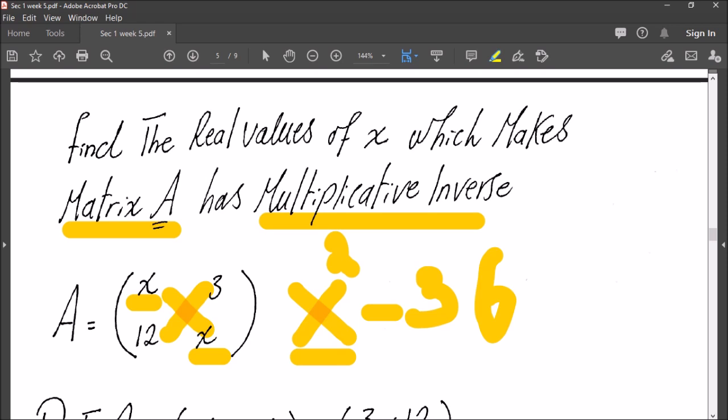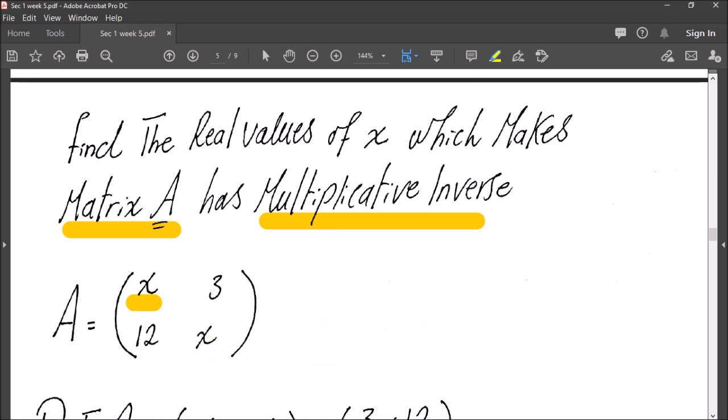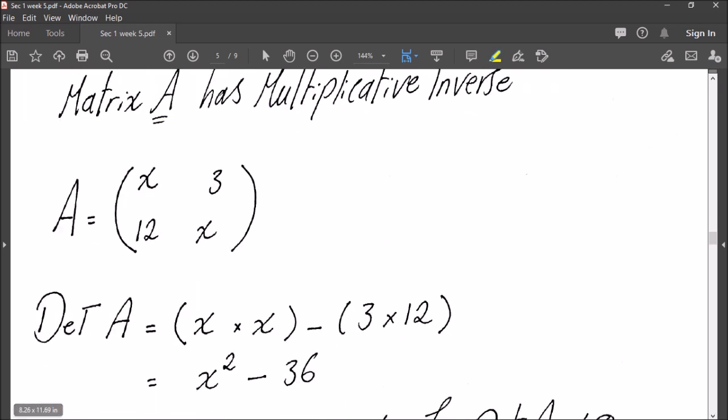Otherwise, if the determinant equals 0, matrix A doesn't have a multiplicative inverse. So let's see in proper handwriting how this will look. Determinant of A: x multiplied by x minus 3 multiplied by 12. x multiplied by x is x power 2, minus 3 multiplied by 12 is 36.